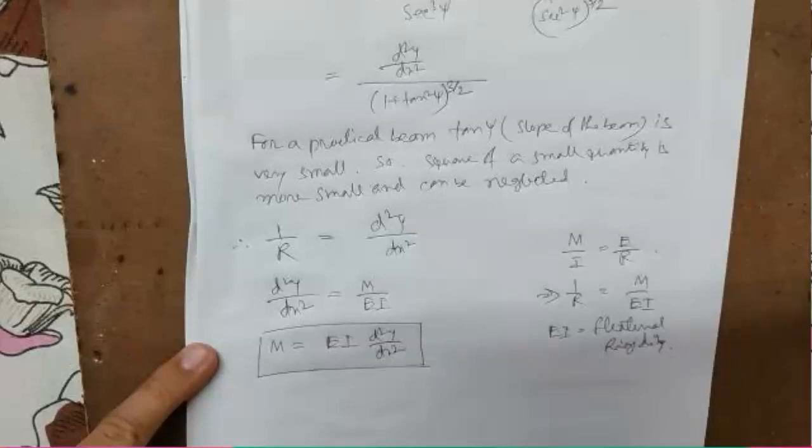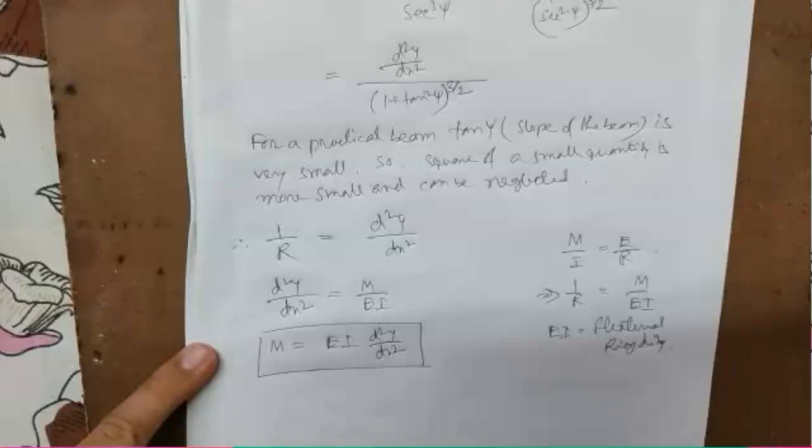If we do further integration, that means double integration, then we get y or deflection. So single integration of this equation will give us the slope. Double integration, or integration of the slope equation, will give us the deflection. This is the simple integration method of finding out the deflection of a beam.